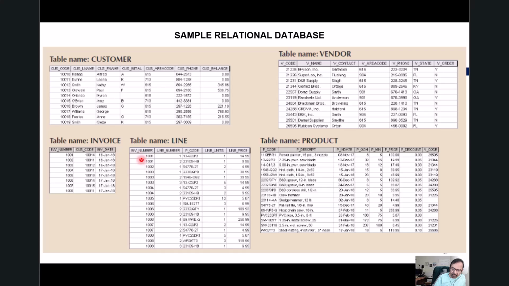There are two line items. So I need to start from this table, 1001, come over to this line table using the foreign key, and I use the invoice number to know that there are two line items. And then when I look at each line, I have to multiply the number of units by the unit price, and then add everything together.